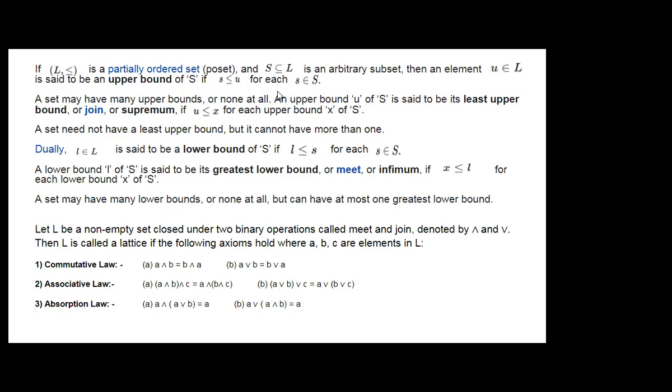Here, L is the lattice and U is the element in that L. If some connection is there between this s and U, then it is possible to build a relation between s and U. For each s belonging to S, this s is smaller than L, because S is a subset of L. So if this s is less than or equal to U, then it will be the upper bound.